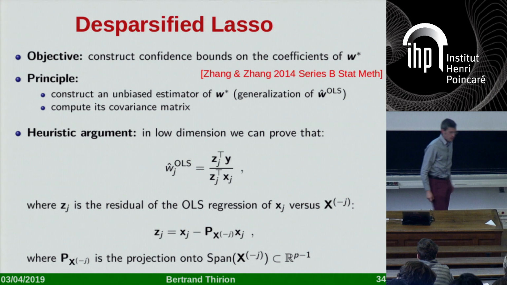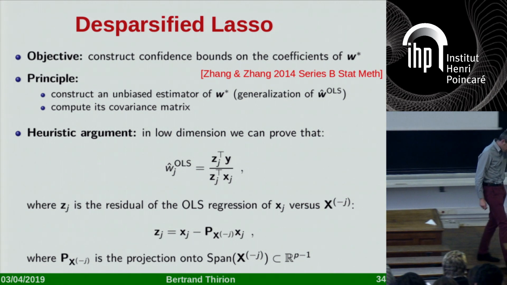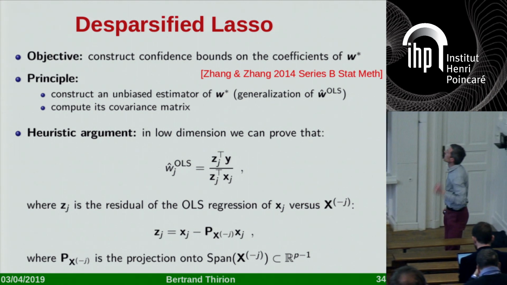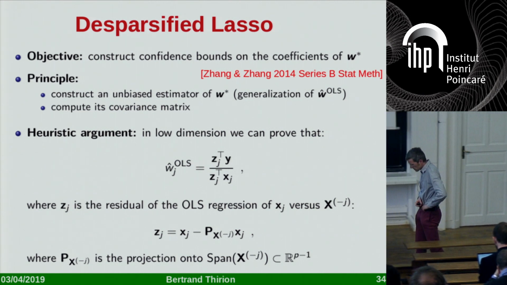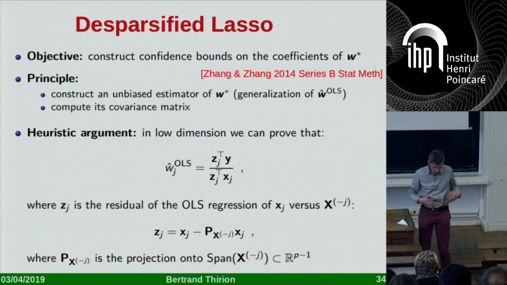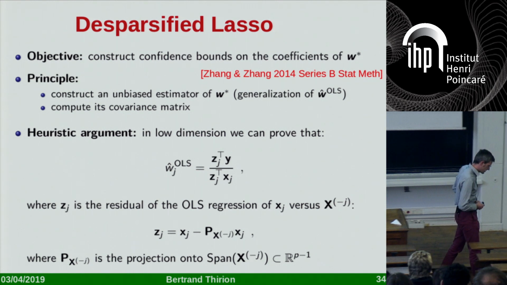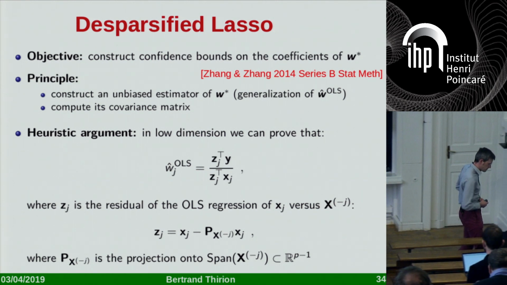So the Desparsified Lasso, maybe some of you know that. It's a generalization of ordinary least squares regression when the number of regressors p is larger than the number of samples n.